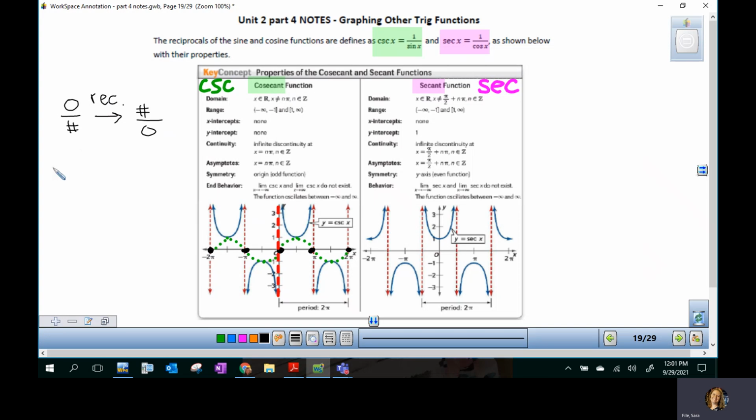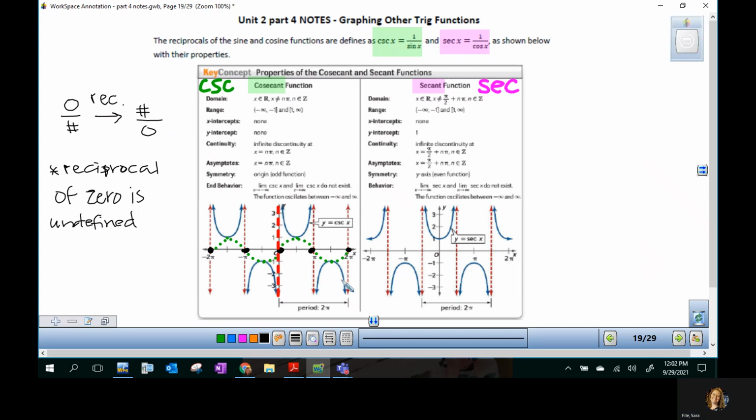So that's why those asymptotes are there, because the reciprocal of 0 is undefined. And on our graph, we show that that value is undefined with the asymptote. Does that make sense? So where the sine value is 0, cosecant is undefined, so there's an asymptote at all of those values.